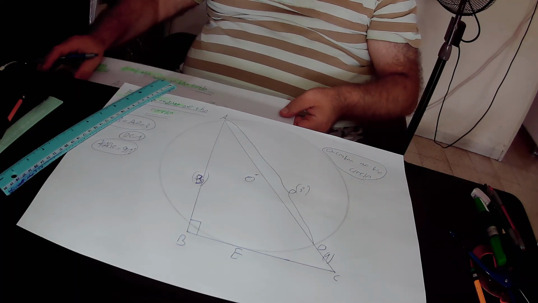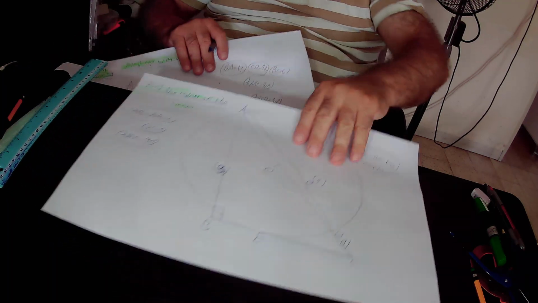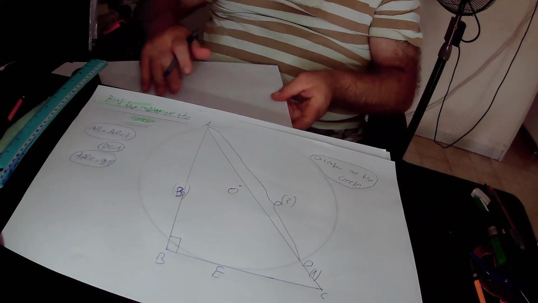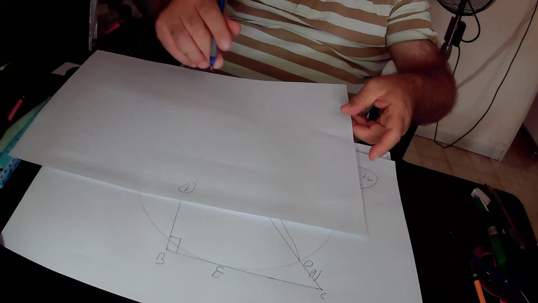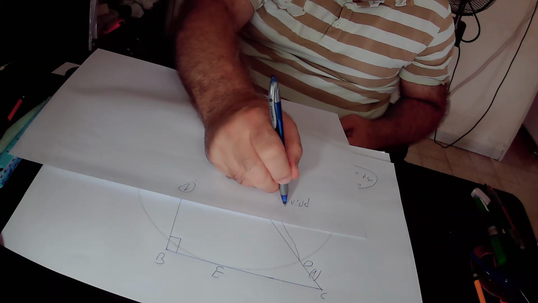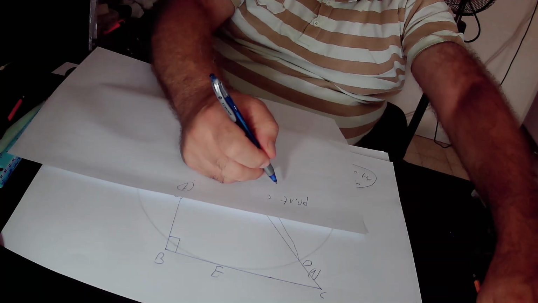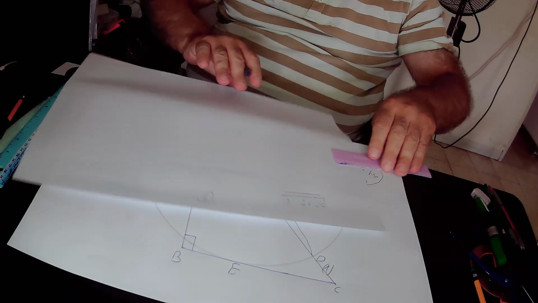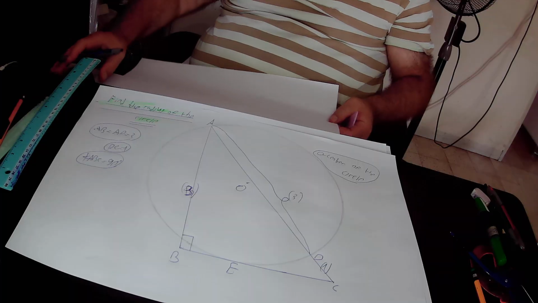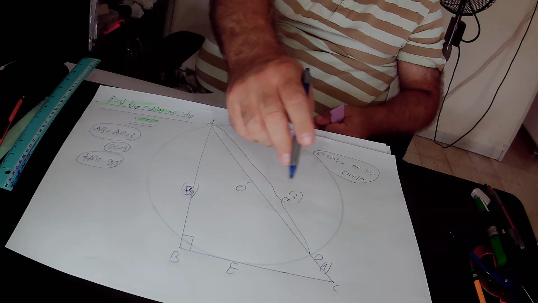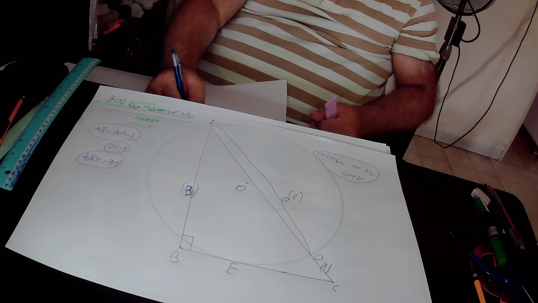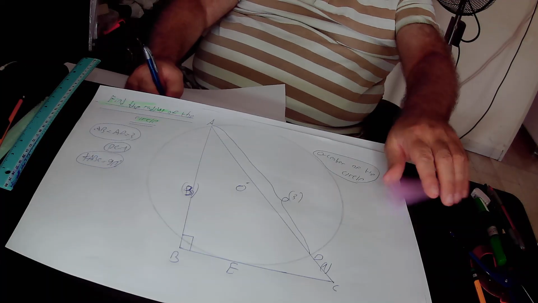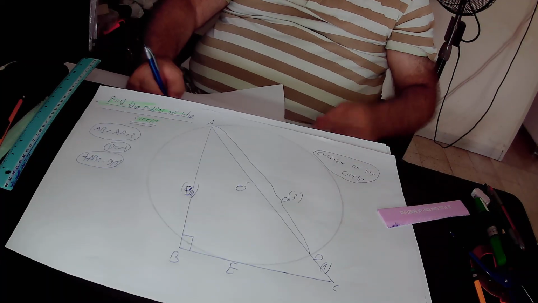So, write it down. In the common external point C, according to rule 25, CE square, that is the square of tangent CE, equals to CD, this is the small line segment CD, times CA.